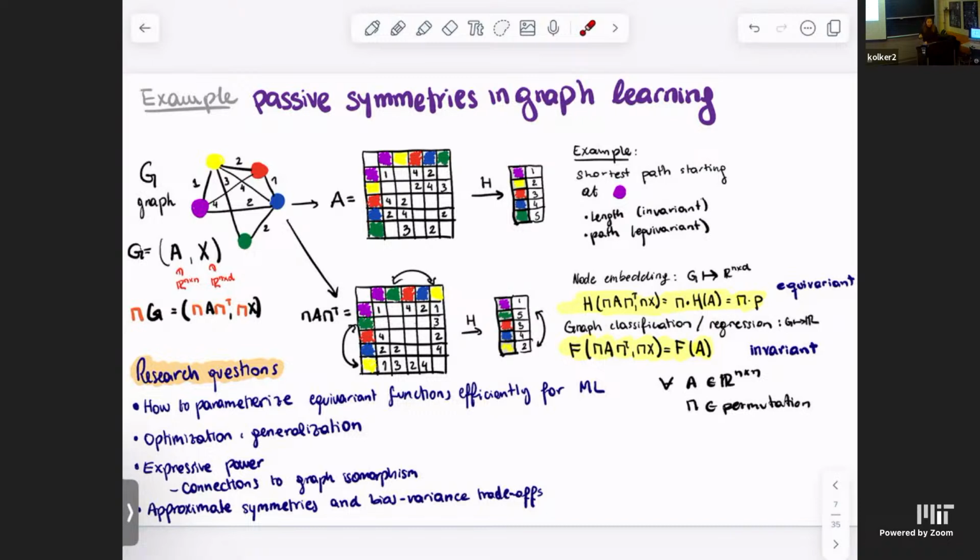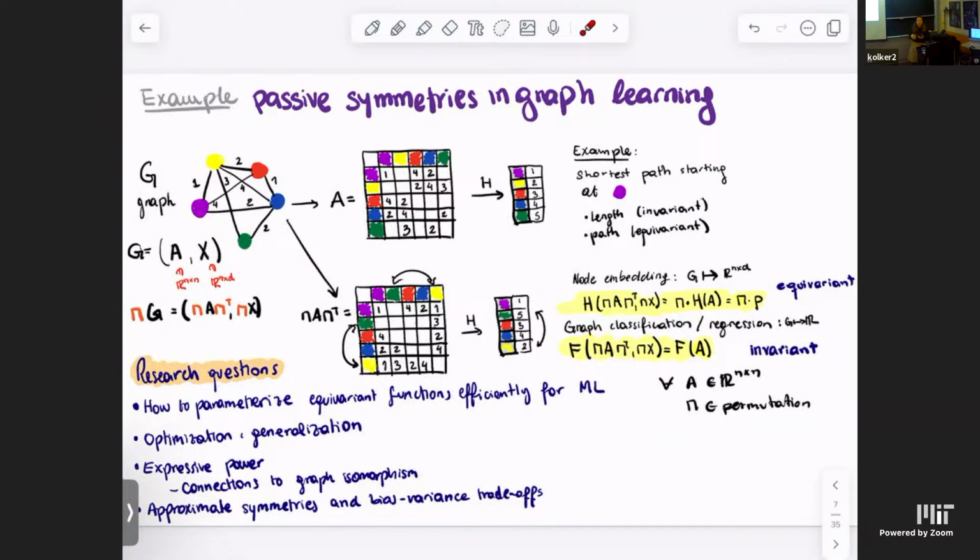In graph neural networks, there are many open questions. For instance, how can we parameterize the space of functions that satisfy the symmetries efficiently? And how can we do optimization in this space? A lot of these questions have math-related problems. For instance, being able to distinguish different graphs is equivalent to solving the graph isomorphism problem, which is a very well-studied problem in theoretical computer science.